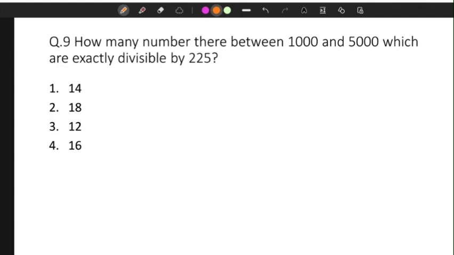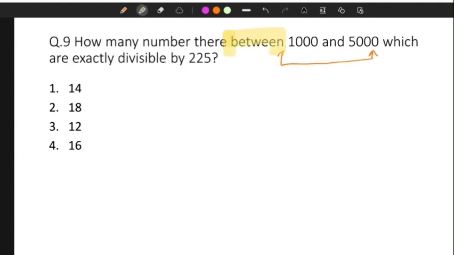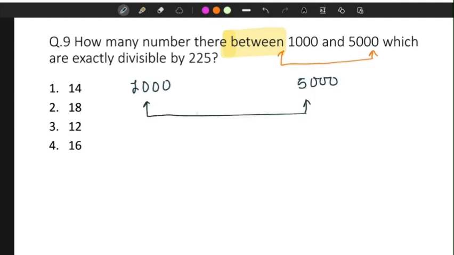Okay, so what they have given here is how many numbers are there between 1000 and 5000 which are exactly divisible by 225. So the first thing that you have to make a point of for this particular question is between. What does between stand for? Here we have to find out the values in between 1000 and 5000 which are divisible by 225.